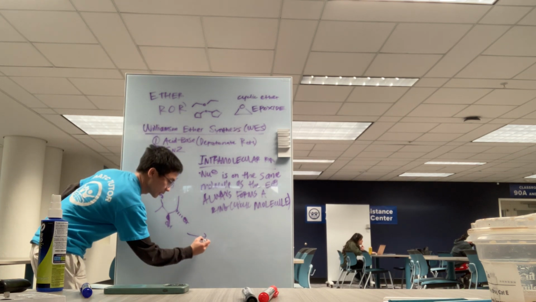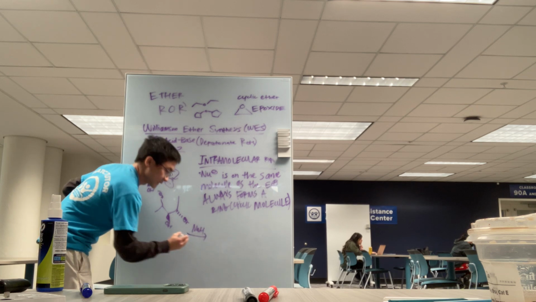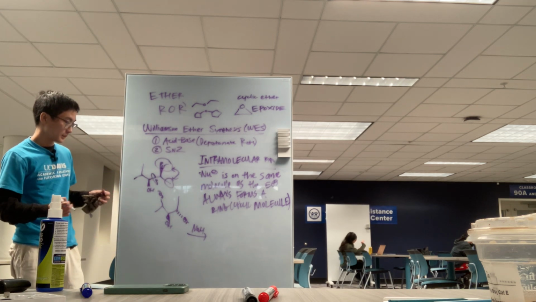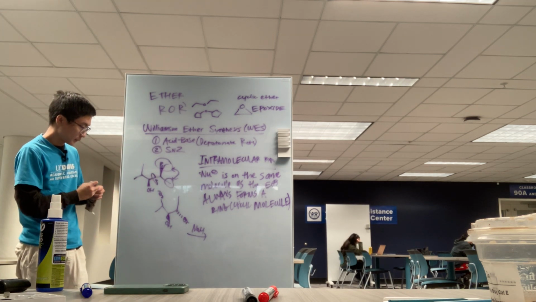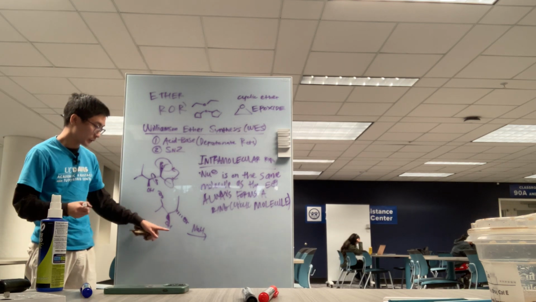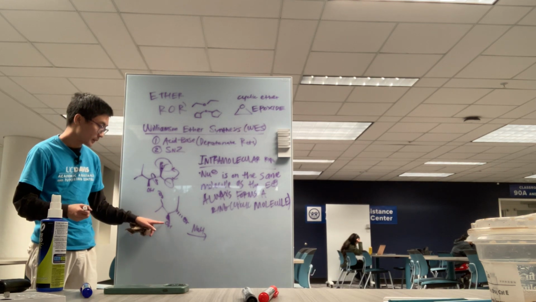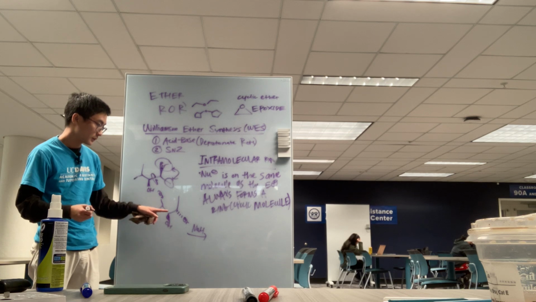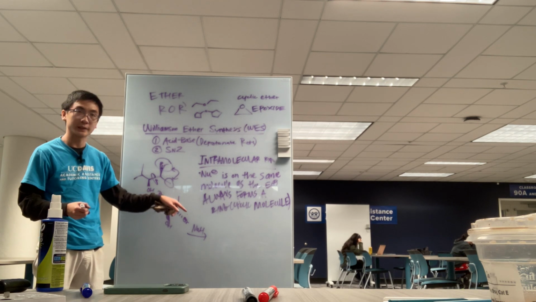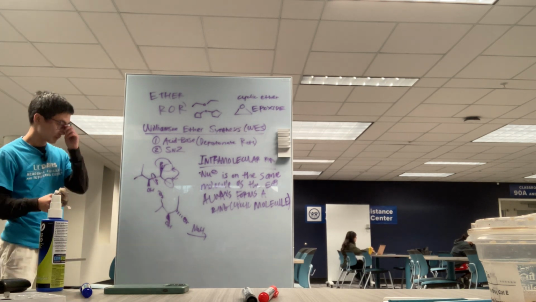And then we could do the intermolecular Williamson ether synthesis like that, right? Where the NaH is going to deprotonate the alcohol, giving a negative charge on the oxygen, which is going to attack that carbon, kicking out the bromine leaving group, right?